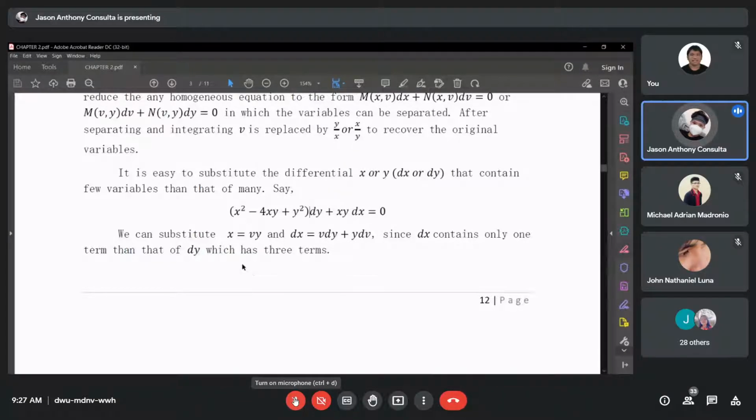So, we are going to substitute x is equal to vy and dx is equal to v dy plus y dv. Okay? So, yun yung unang gagawin nyo pag binigyan kayo ng homogeneous differential equation. Pag pinapahanap yung family of solution or the general solution.